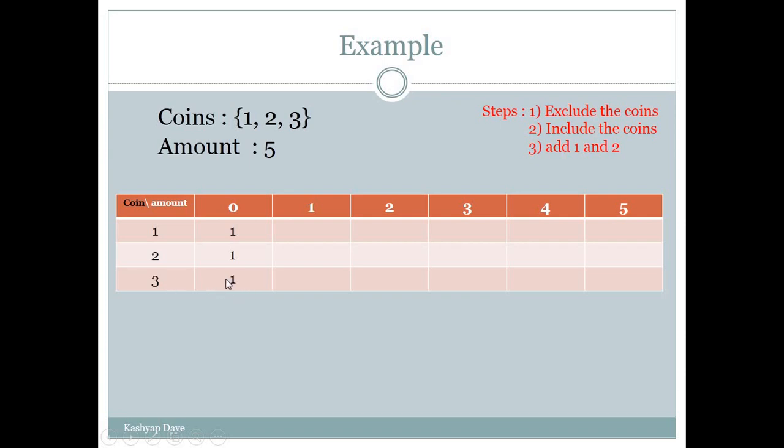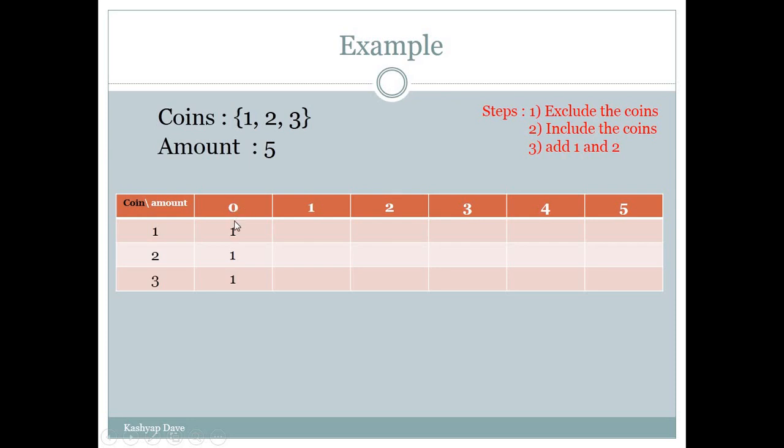So in that case we have a way to make an amount of 0 rupees. This is very crucial, so understand it. There is a way to make amount 0, in which we do not use any coin.